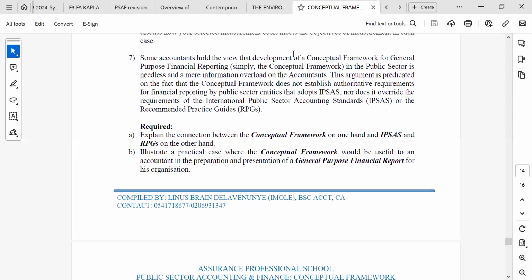So please, let's give a situation. Where would the conceptual framework be useful to an accountant in the public sector?